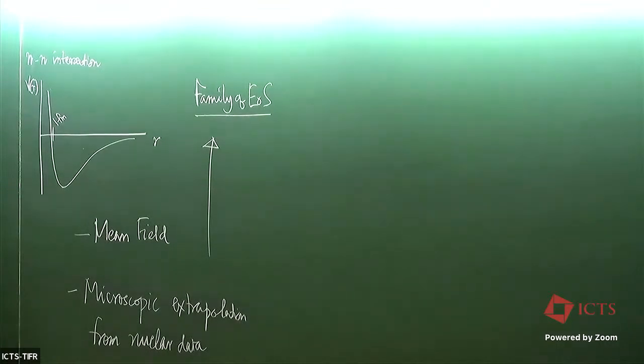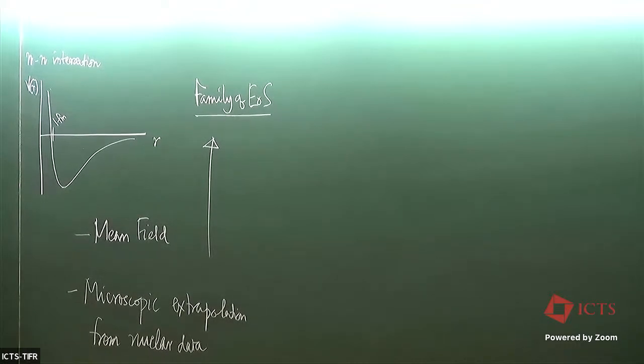each member of this equation of state family can be used to construct a mass-radius relation of the star. You have tried doing the mass-radius relation of neutron stars using the TOV equation for a particular equation of state. You change the equation of state, the mass-radius relation will be different.